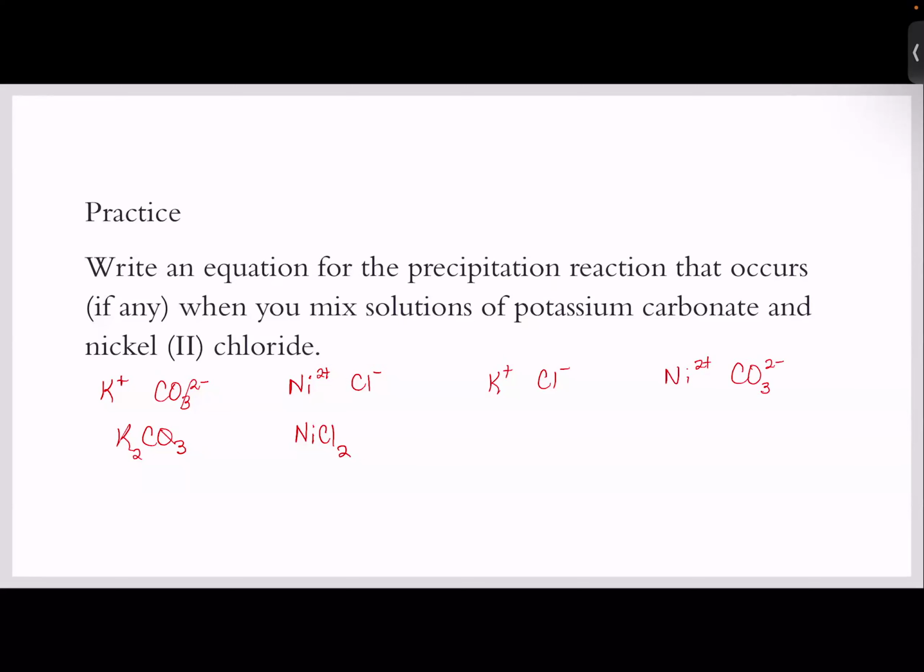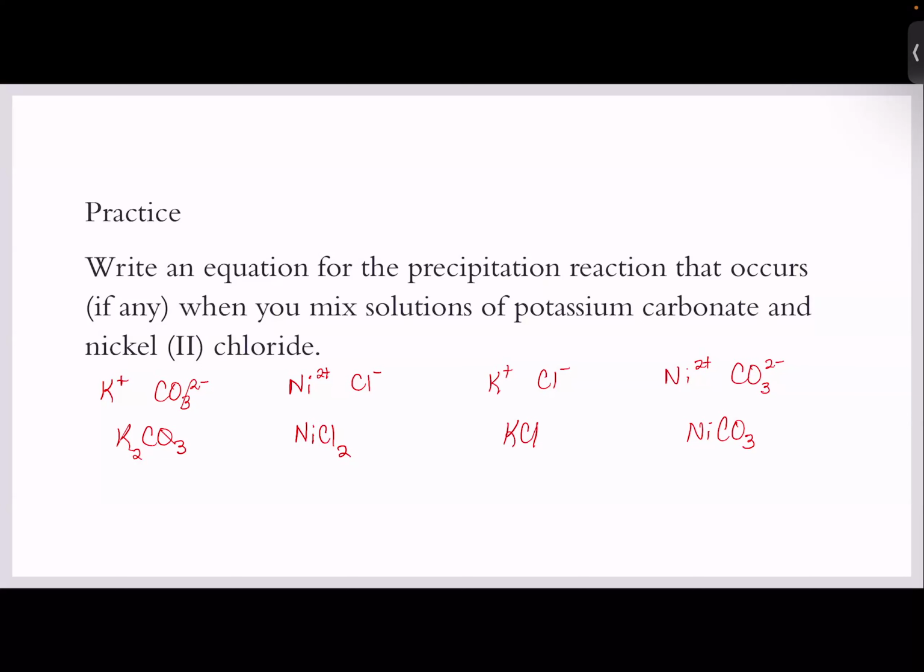We're going to create our formulas based off of these ions, and so it would be KCl and NiCO3, both of them in a 1-to-1 ratio because that is what is necessary for the charges. So now what we've done is we've created the products.